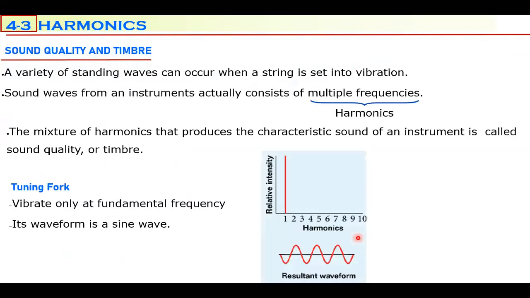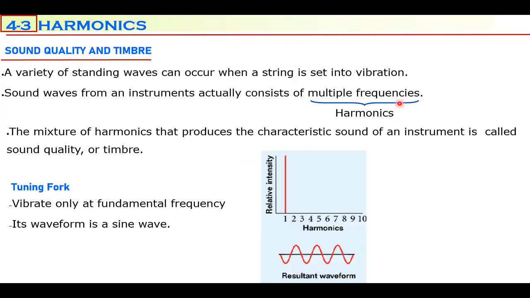And the last title of this section is about the sound quality and timbre. As I said, a variety of standing waves can occur when a string is set into vibration or a column is blown. Sound waves from an instrument actually consist of multiple frequencies, which means multiple harmonics.